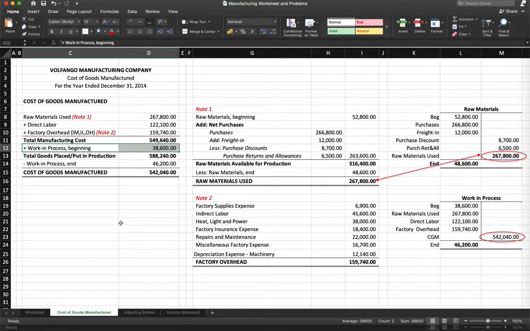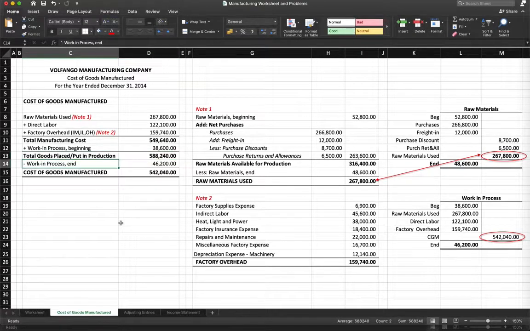So, yan yung work in process beginning natin. So, the total would be total goods placed or put in production, 588,240 for the period. Total manufacturing cost during the period plus work in process at the beginning of the period. This is the total goods placed or put in production for the period.